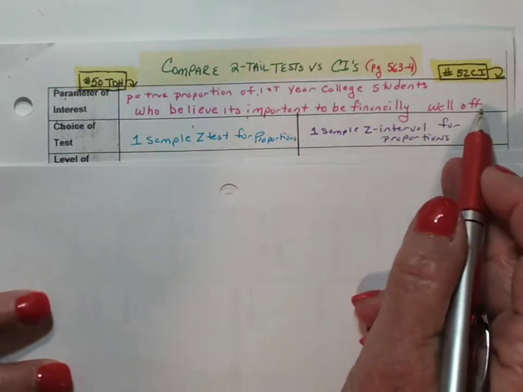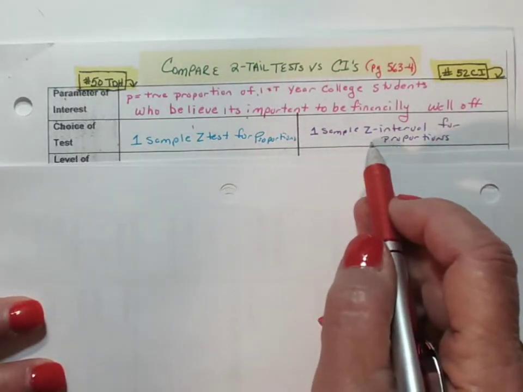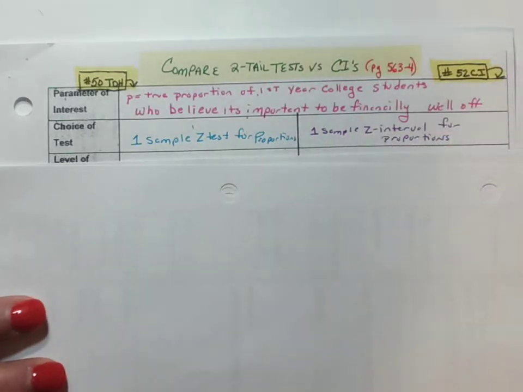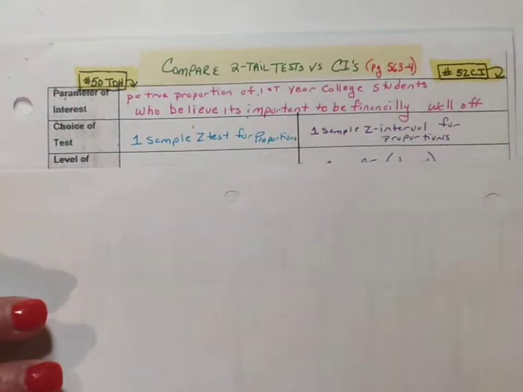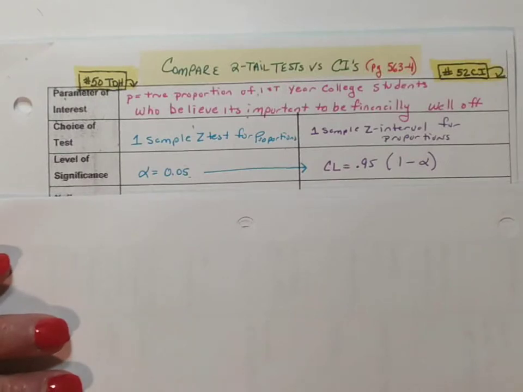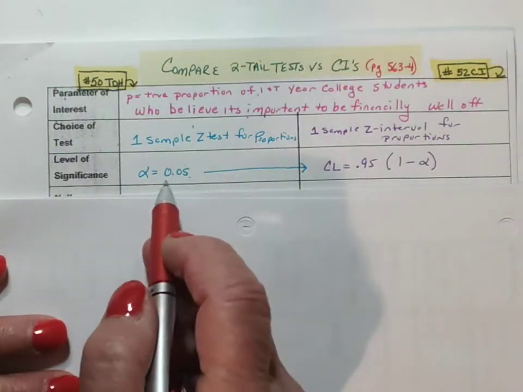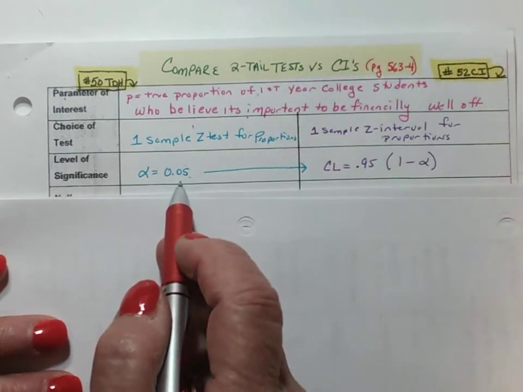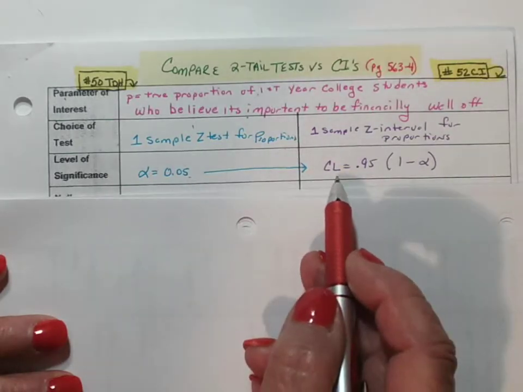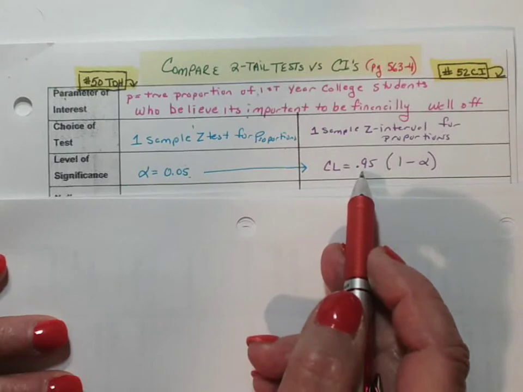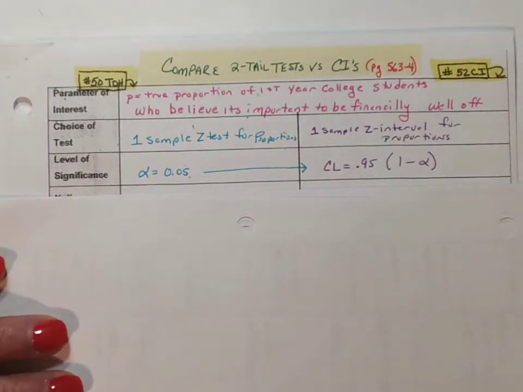For a confidence interval, we're going to do a one-sample Z interval for proportions. Since they didn't state the alpha, we're going to have alpha 0.05, which corresponds to a confidence level of 95%, which is 1 minus alpha.